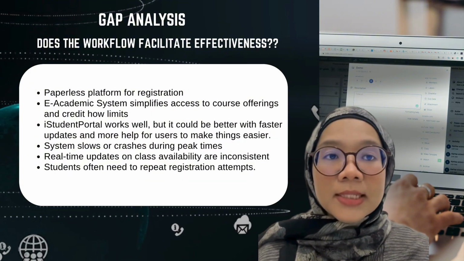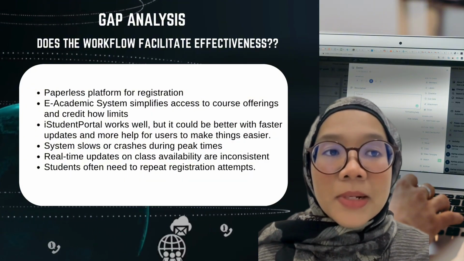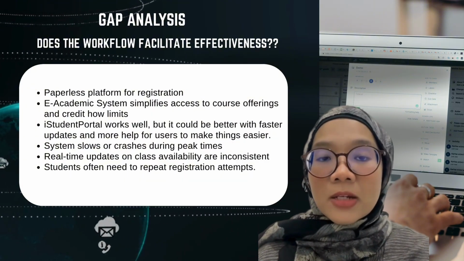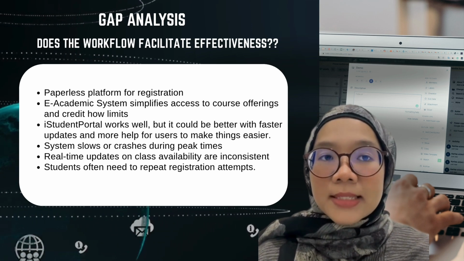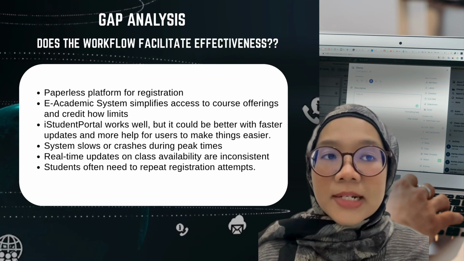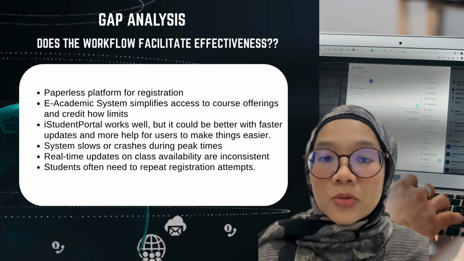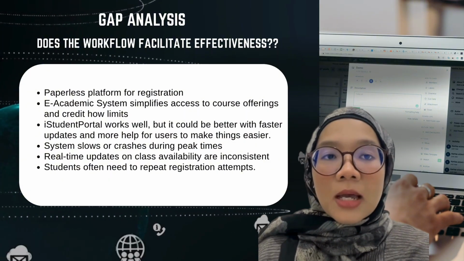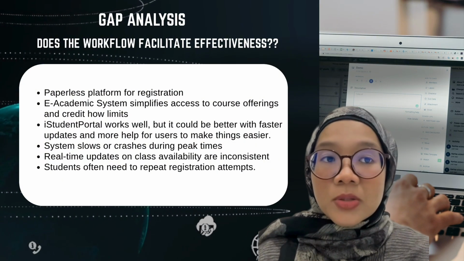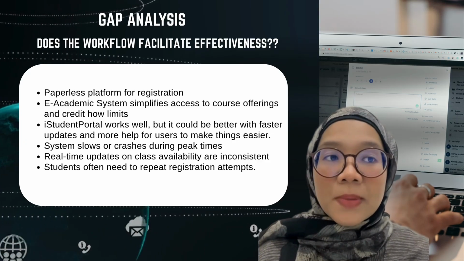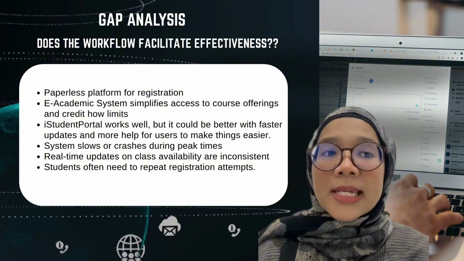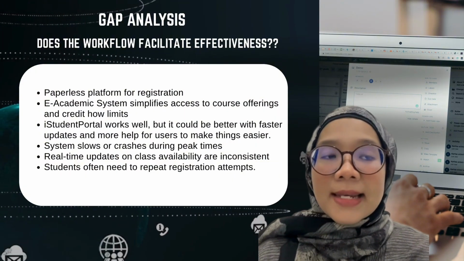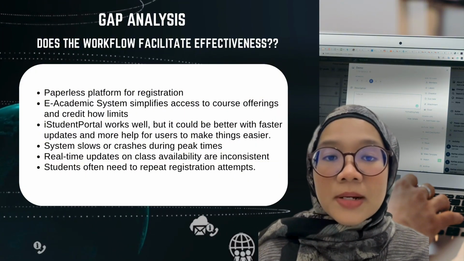Another issue is that real-time updates on class availability are inconsistent. Students may see available slots that have already been taken, which leads to confusion. As a result of this issue, students are often forced to repeat registration attempts. This not only wastes time but also increases pressure and reduces the overall user experience.